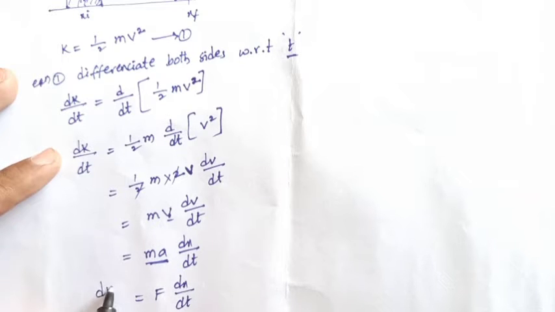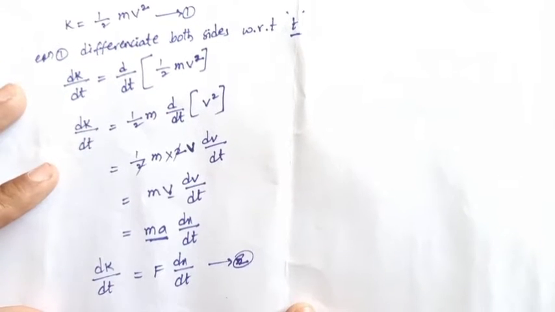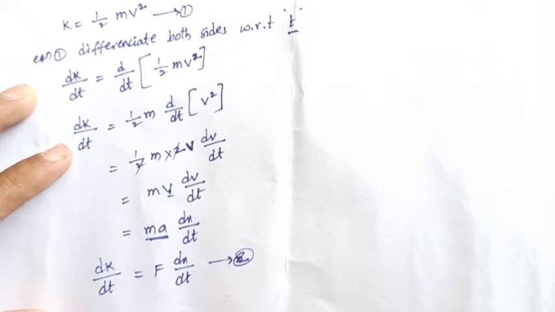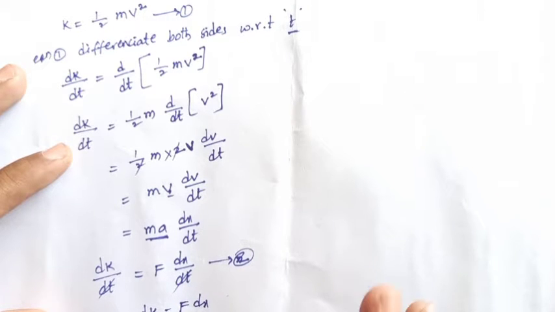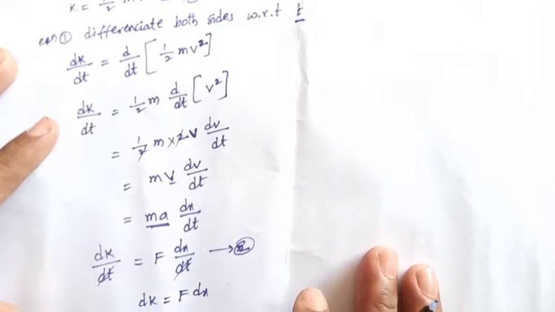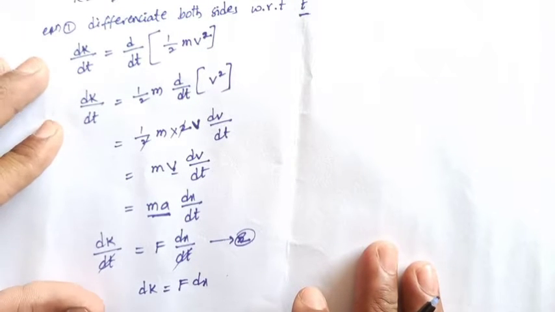So this is equation number 2. From equation number 2 we can write, on both sides the dt gets cancelled, so dK equals force into dx, dK equals F into dx.